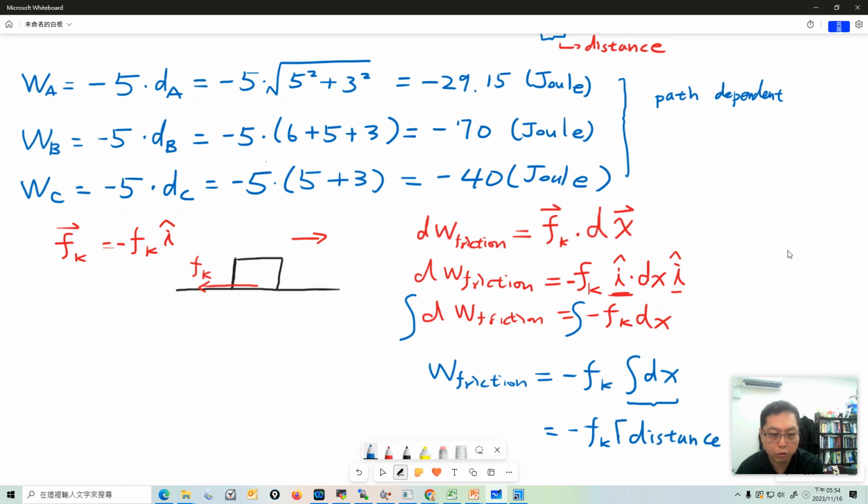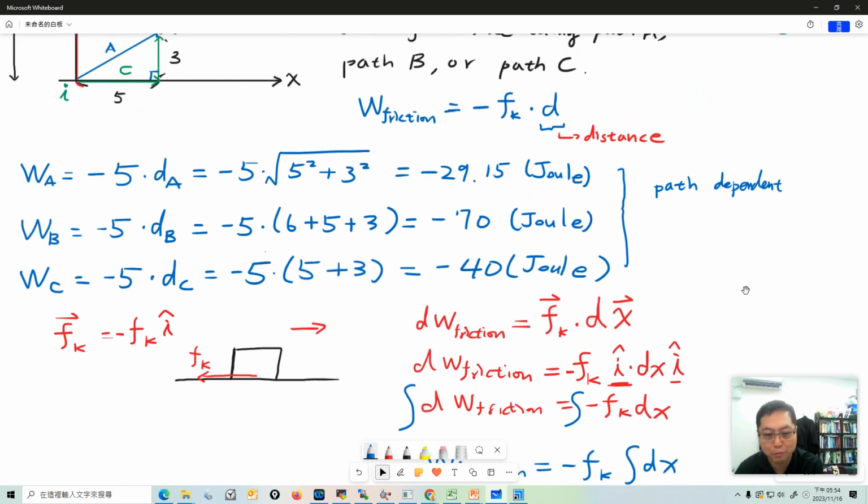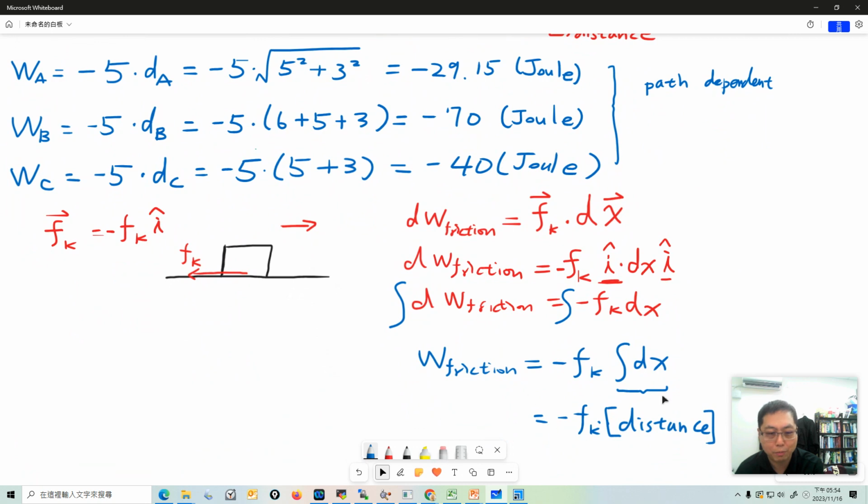So that's a very short proof, if you are wondering where this comes from. Adding all the delta x together gives you the distance. Hope you can understand this.